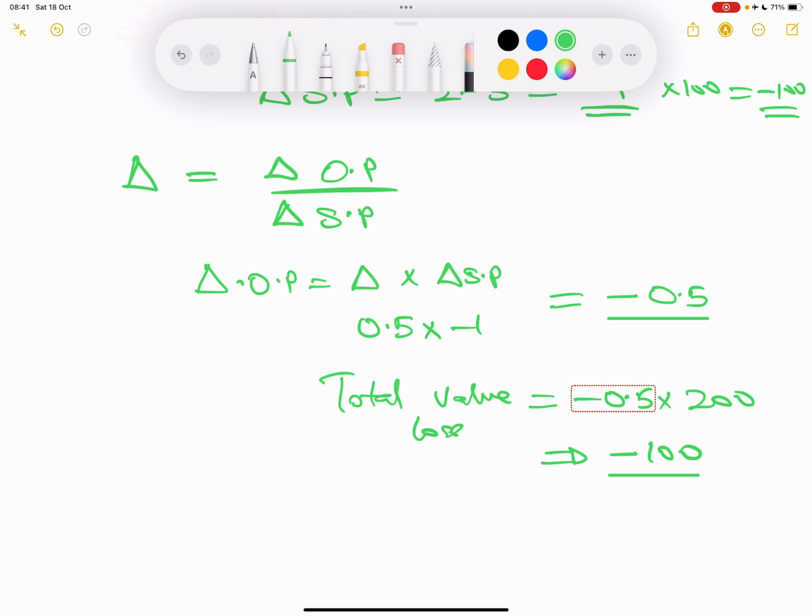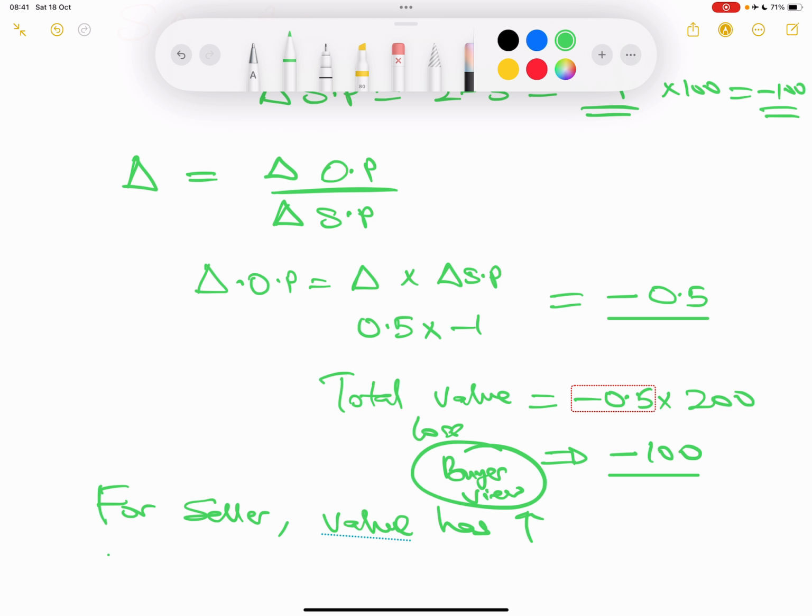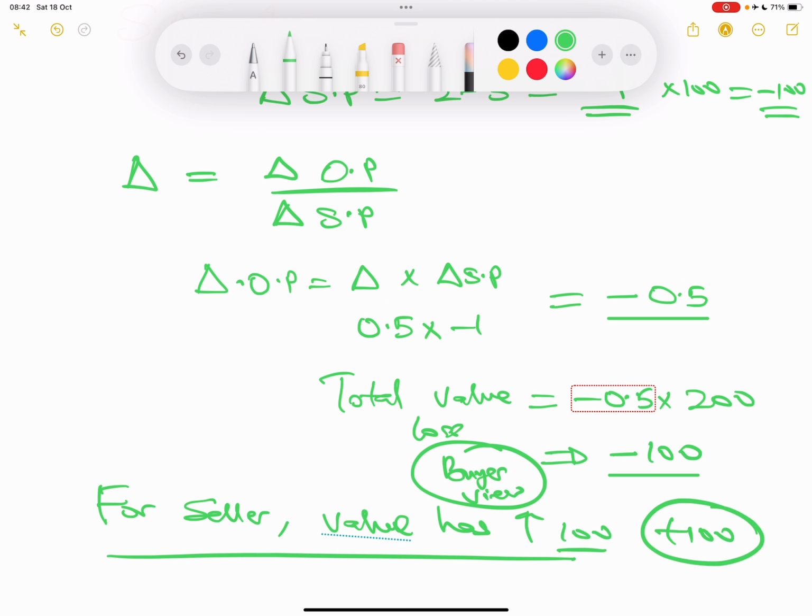If a buyer is saying the value of my option has gone down by minus 100, it means for the seller the value has gone up. This is the buyer's view always, so the opposite applies for the seller. The value must have gone up by 100, so it is positive 100 for the person that sold it.